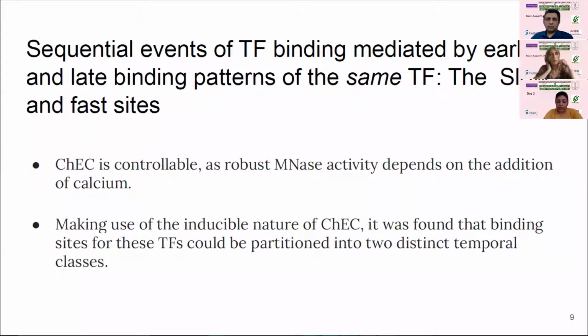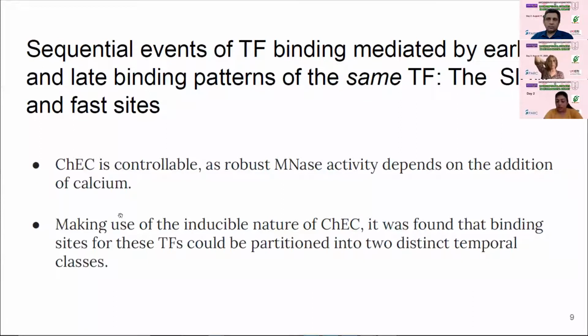Earlier we described how the sequential binding of one transcription factor and another is mediated by open and closed chromatin. Here we are saying that one transcription factor has two different types of binding sites: one it binds to at an early stage, and one it binds to at a later stage of the reaction. So these are slow and fast sites.